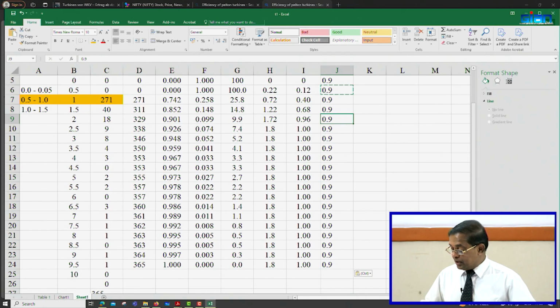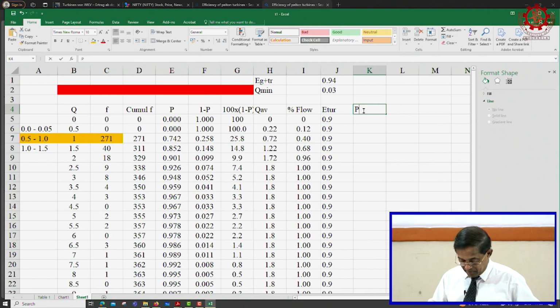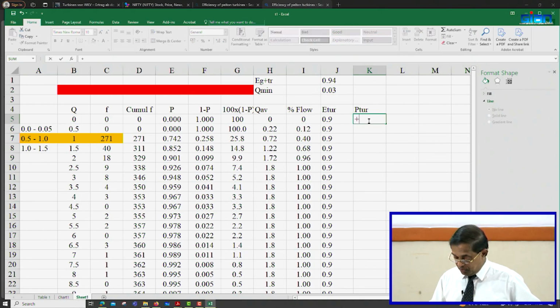Efficiency. Now you can calculate P, the power available at the turbine shaft, using our equation. The efficiency of generator and transformer is 0.94, multiplied by the turbine efficiency, which is this cell, multiplied by Q, which is this value.